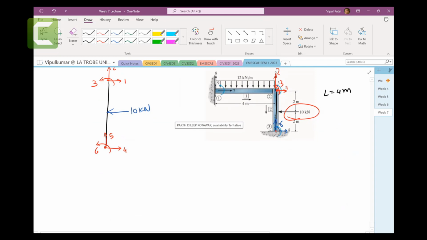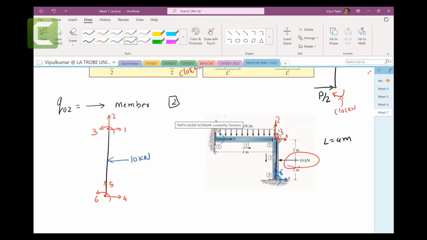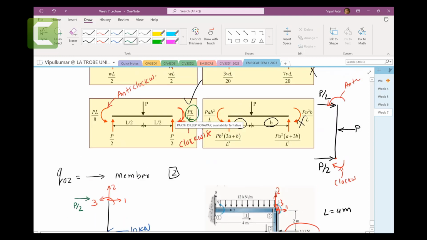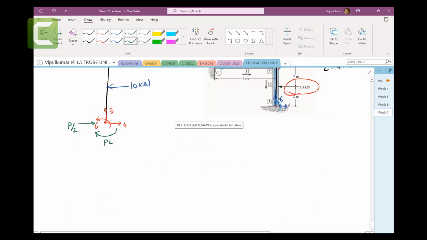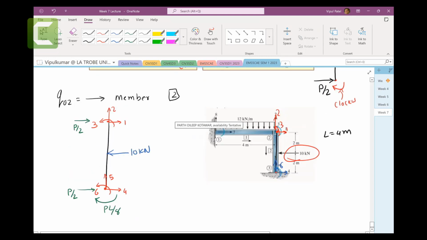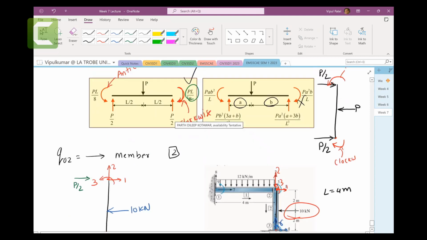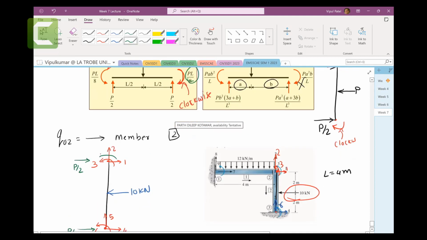Now here I can put the same thing, that is P by 2 opposite to that one. Then you have clockwise, which has a value of PL on 8, and this one is anti-clockwise, PL on 8.